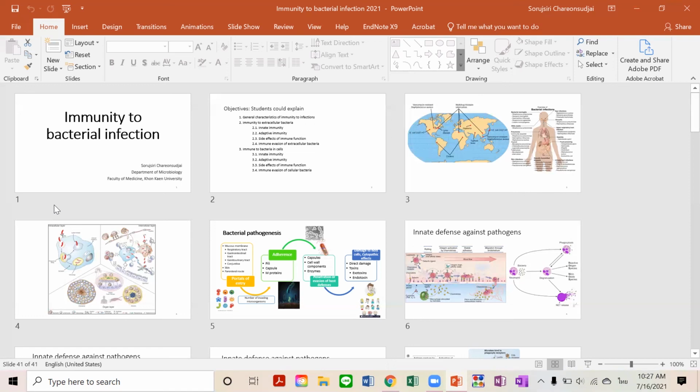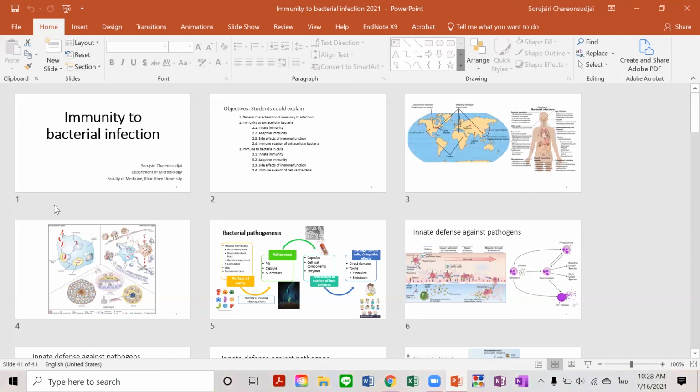And one more question: extracellular and intracellular bacteria are different. Extracellular has only one normal pathogen, and intracellular has a very high pathogen. I mean, for example, Neisseria gonorrhoeae is intracellular.